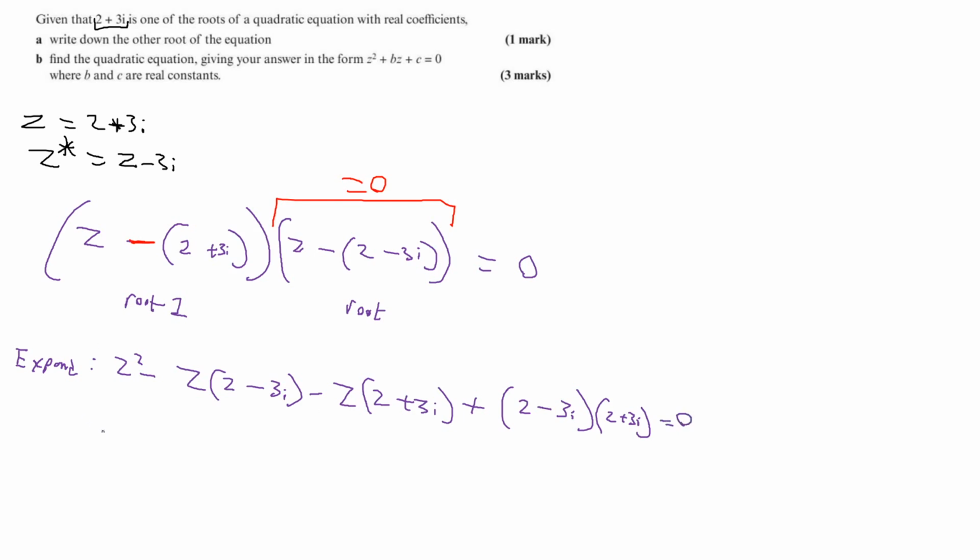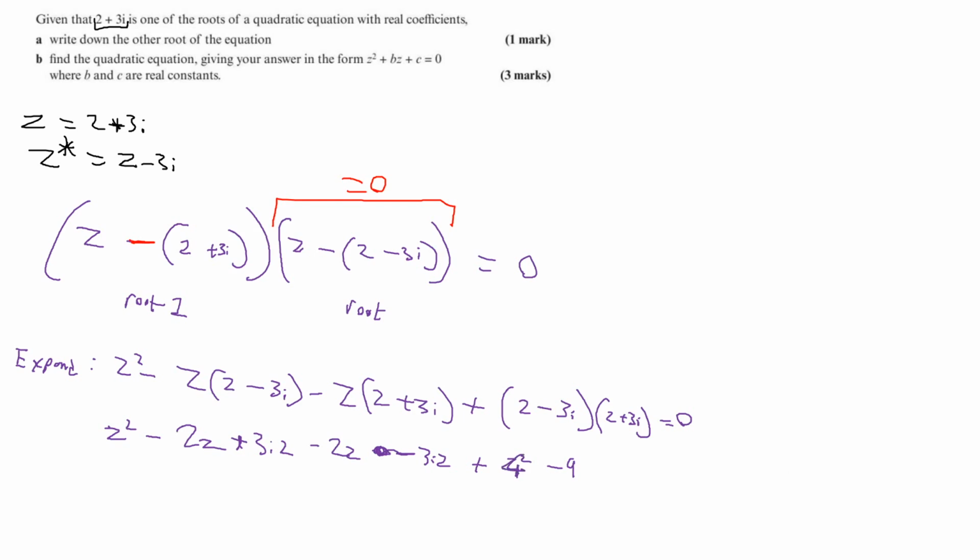So now let's expand again. We get z squared minus 2z minus 3iz minus 2z plus 3iz, and then plus 2 squared minus 9i squared, which is plus 4 plus 9.